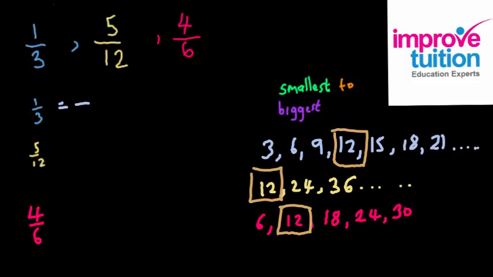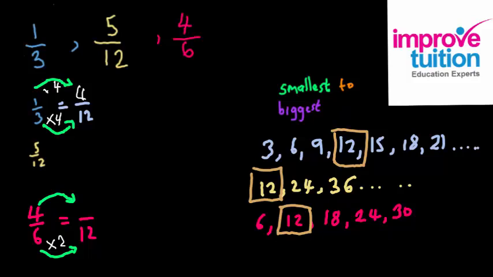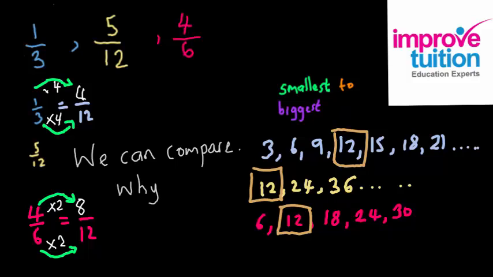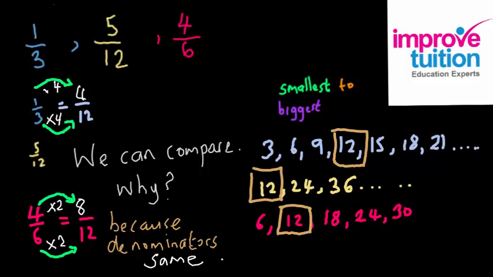I've written all the multiples, and the common multiple, or highest multiple, is 12. So I know that I need to make the denominator 12 for 1/3 and 4/6. So I can work the fractions out thereafter, and you can see that I can now compare them. So I multiply the fractions out, and I get 4/12, 5/12, and 8/12. We can compare. Why? Because the denominators are the same.